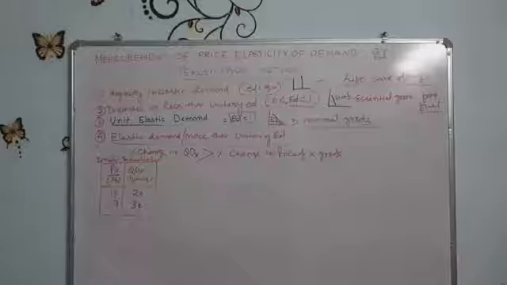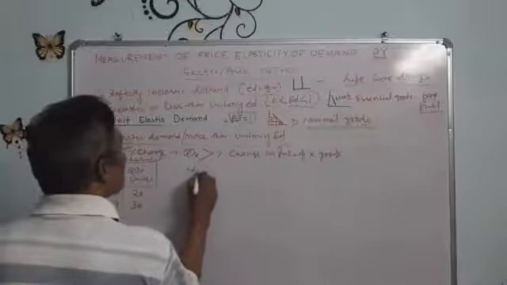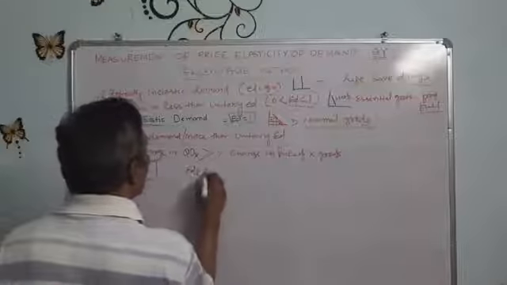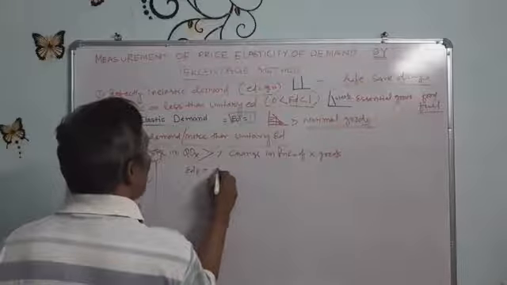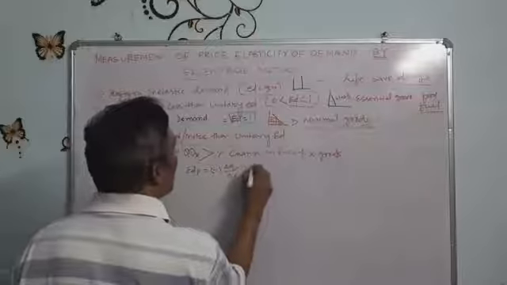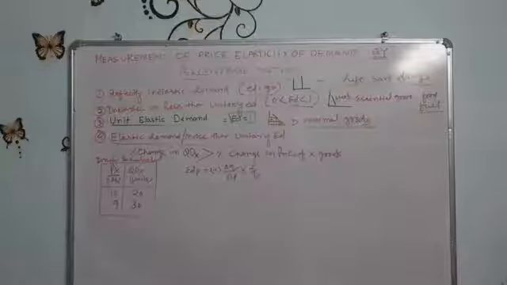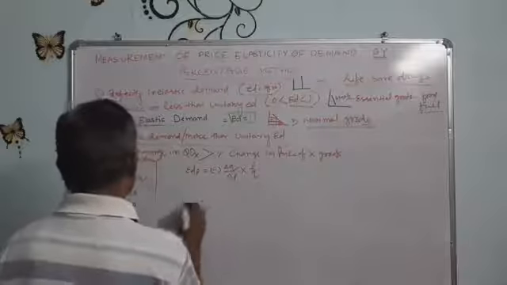So what is the price elasticity of demand here? Price elasticity of demand equals minus delta Q upon delta P into P upon Q, or percentage change in quantity demanded of good X upon percentage change in the price of good X. So how much is delta Q?